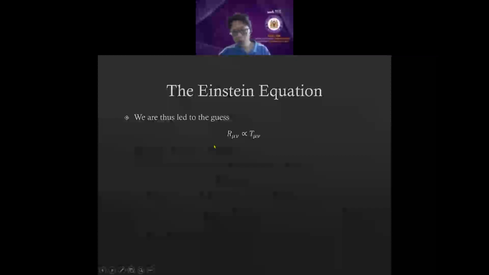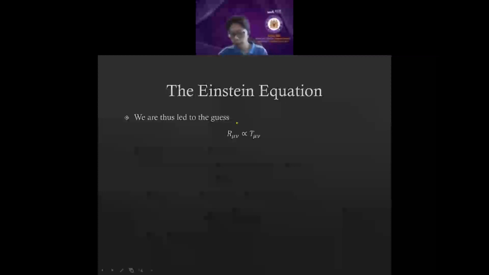Okay, so then our first guess would be that we should replace the Poisson equation with something like this. That is, the Ricci tensor is proportional to the stress energy tensor in this way. However, we have a bit of a problem if we use this equation to replace the Poisson equation.